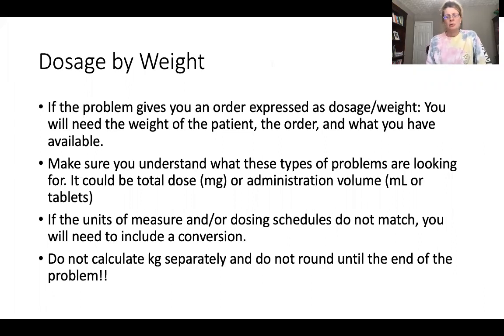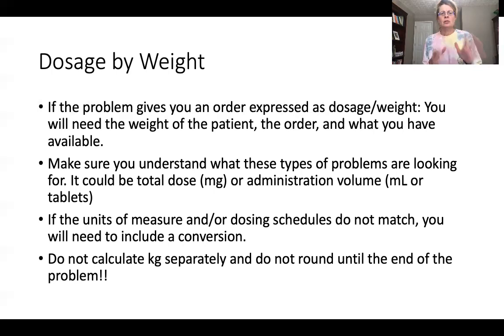And then we also have what we call safe dosage type problems. These problems are where you're given an order from a doctor and you are asked to determine whether or not that order is considered to be safe for that patient. Okay, so the safe dosage problems are a little different than any of the other types of problems that we're doing.